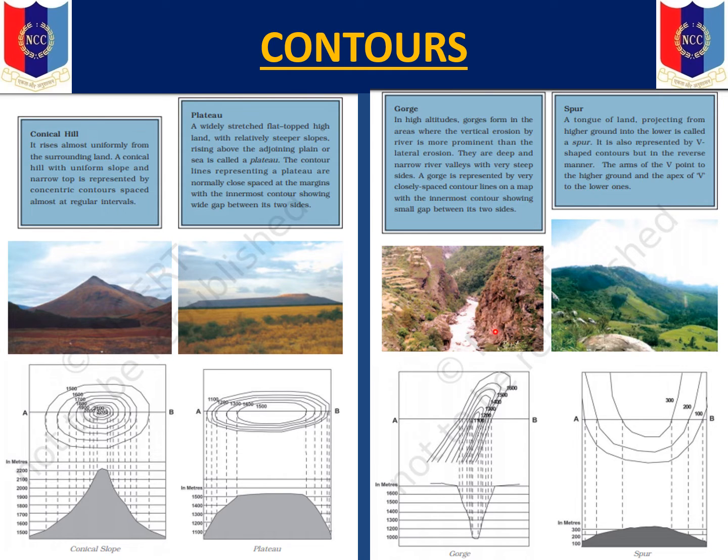This is a very steep slope and there is elevation on either side. It's a deep valley, a small place where the river flows. So this is how the contour lines are depicted. A spur we've seen earlier: it's a tongue of land projecting from higher ground into the lower. See this and see how the contour lines are drawn.